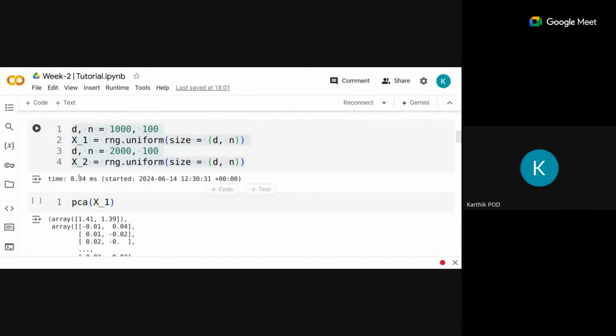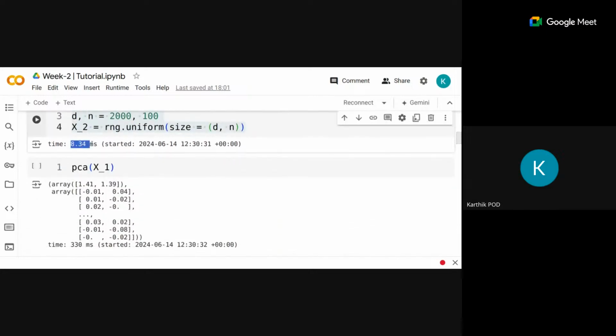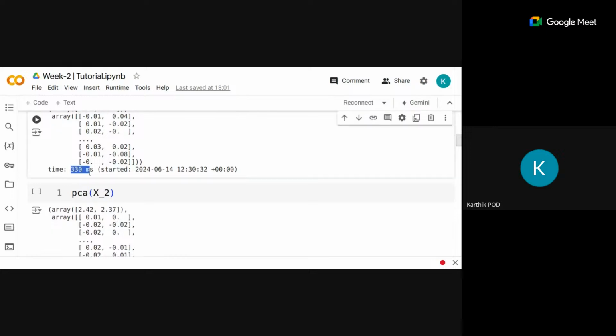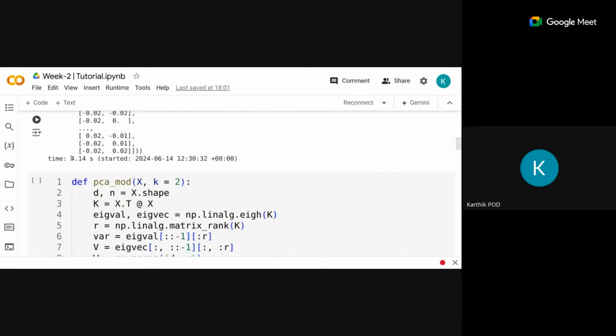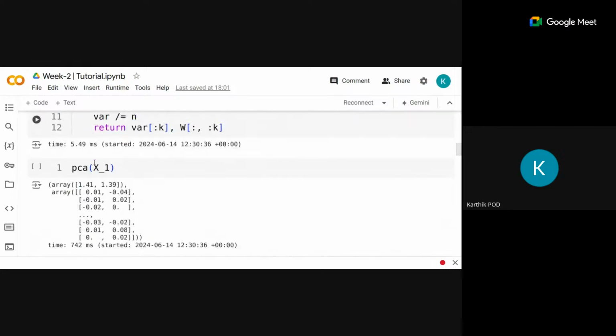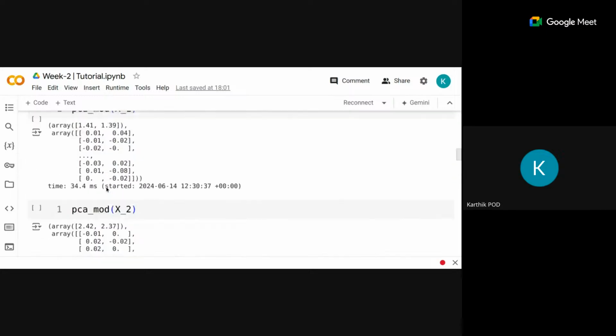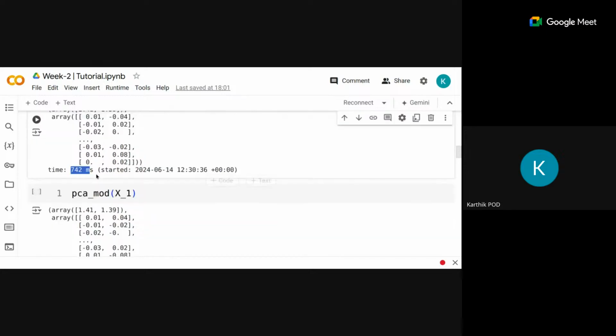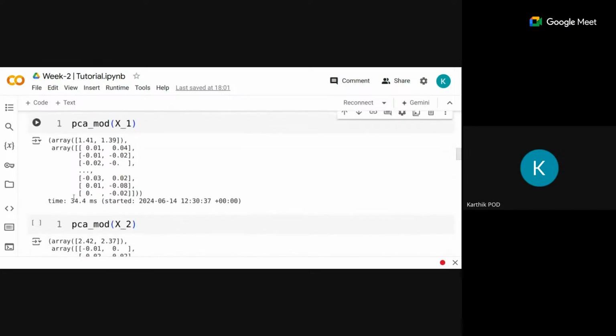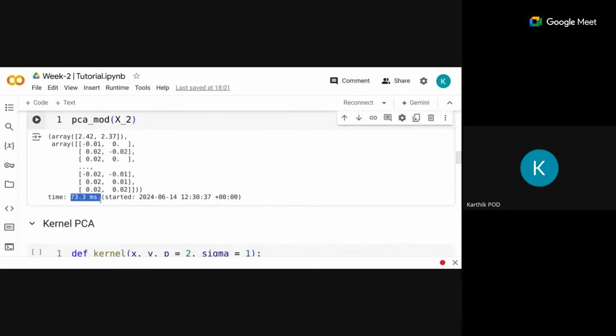The difference was 8 milliseconds and 330 milliseconds, and this was 4 seconds, right? Now with the modified one, PCA X1 takes 34 milliseconds, and this takes 73. So that's the benefit of going from X transpose to X transpose X.